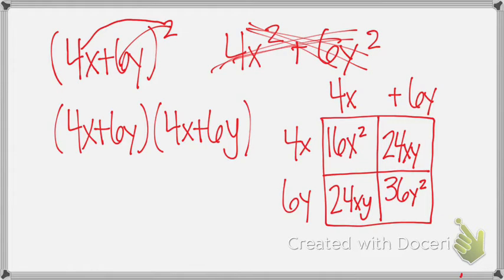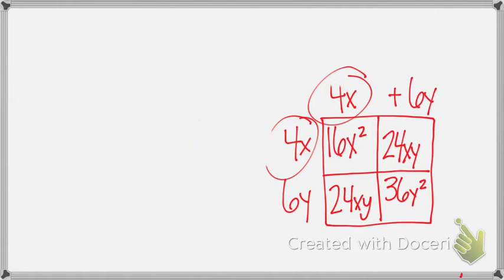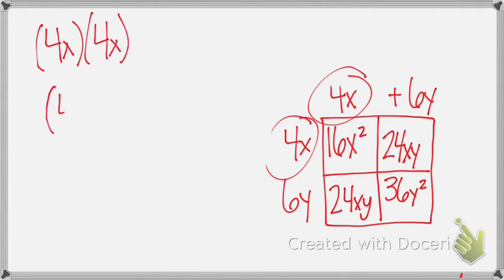Oh, I see it. So look, here's how we talked about it earlier. How many 4x's do you see right here? 2. So I got a 4x and a 4x, which is the same thing as 4x squared. Okay. All right? I got a 6y and a 6y. How many 6y's do I have? You have 2.